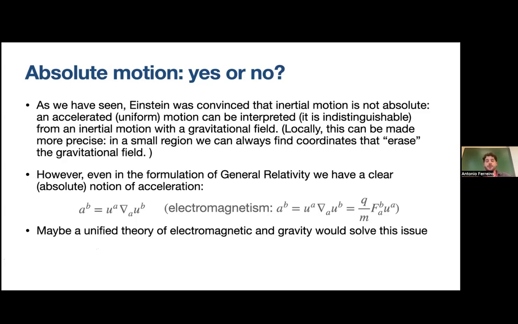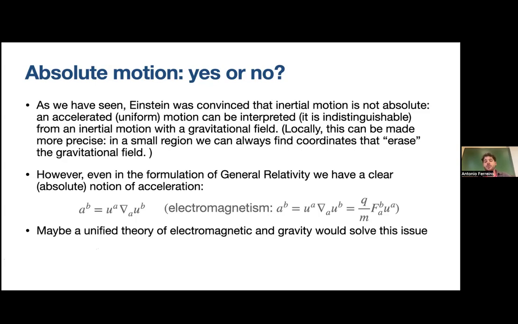Now, the problem is that people realized that, even though that's true, we still have an absolute notion of acceleration, which is exactly how we define the geodesic equation. We set it equal to 0 if it's free of forces, but if it's not free of forces, for example, if we have an electromagnetic field, then we have an acceleration, and this acceleration is completely coordinate independent, so it's absolute in that sense.